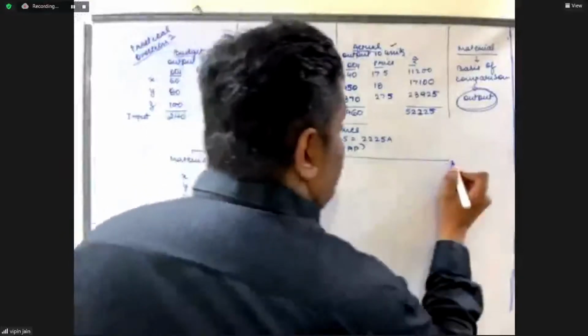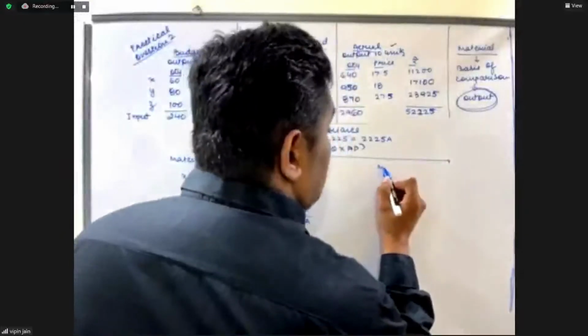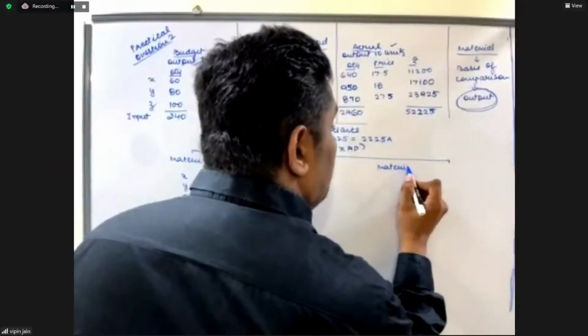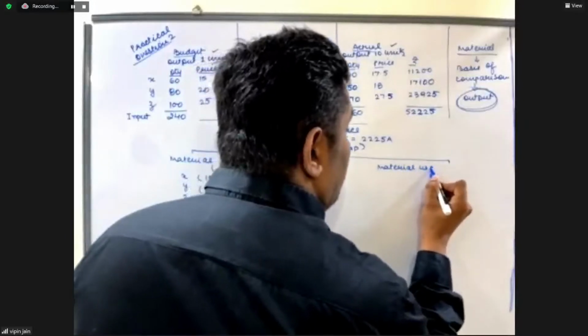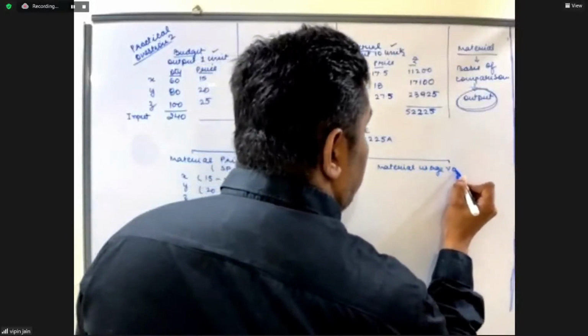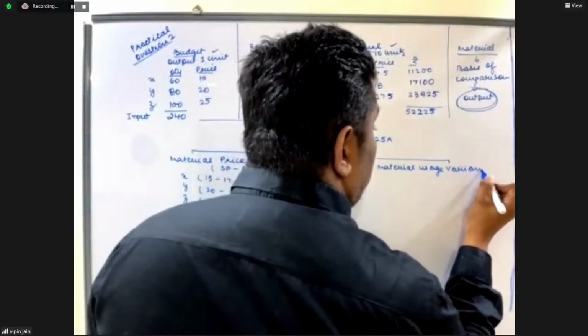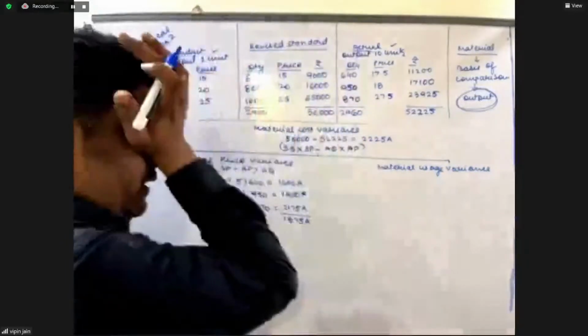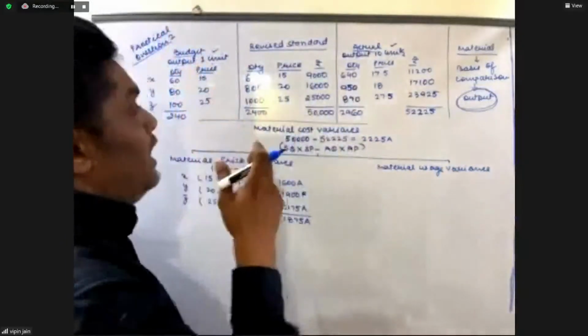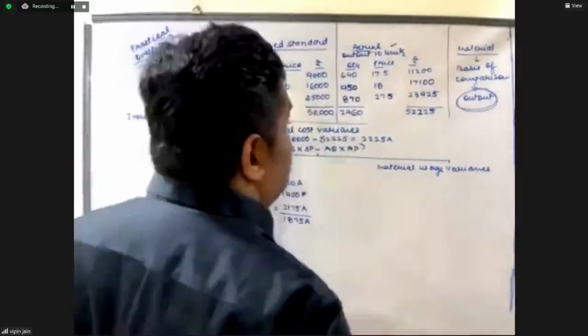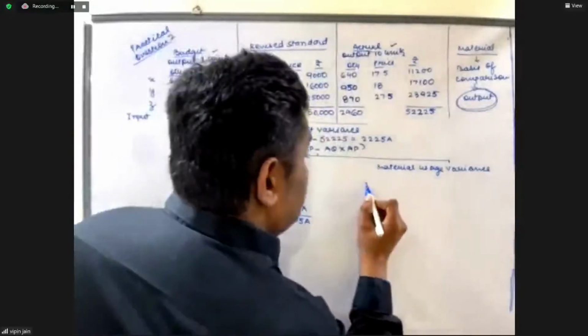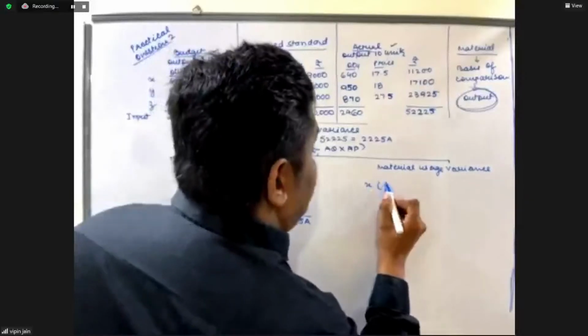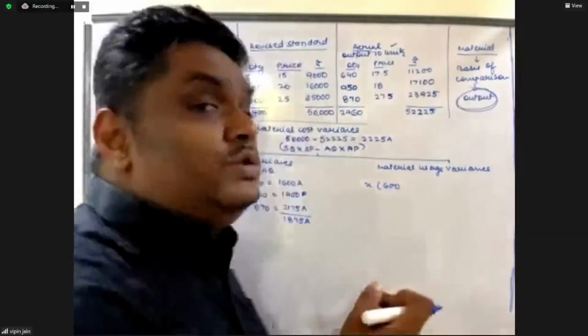So further next part, we're talking about material usage variance. How much quantity we are supposed to use in case of X? That is 600 units. The name itself says usage.